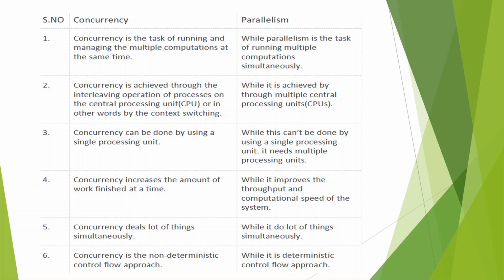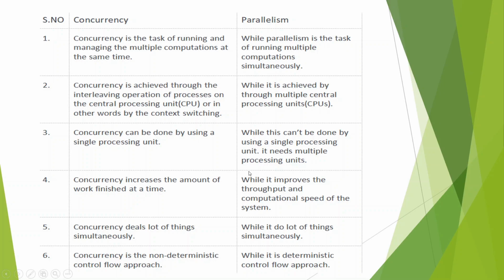But in parallelism, all the processes will run simultaneously, and this, as you have guessed, is only possible in case of multiple CPUs, multiple processors. Concurrency can be done by using a single processing unit, while parallelism can't be done by a single processing unit, it needs multiple processing units. Concurrency increases the amount of work finished at a time, while parallelism improves the throughput and computational speed of the system.